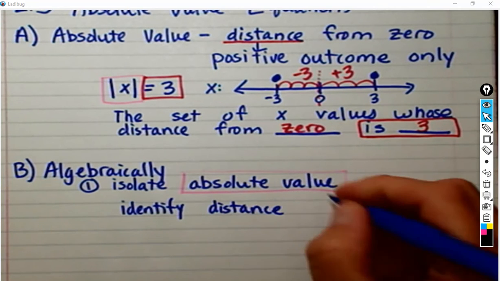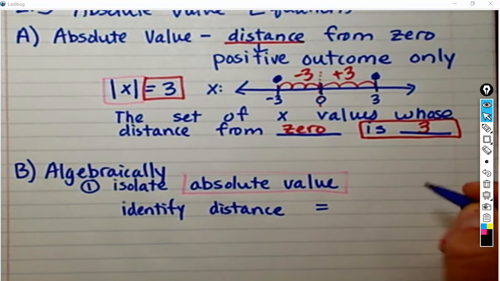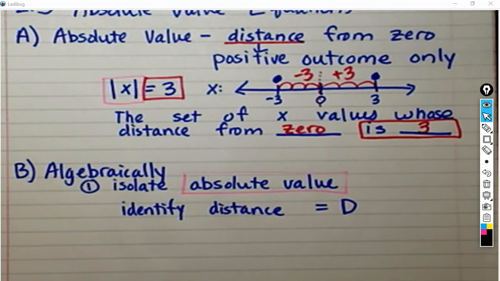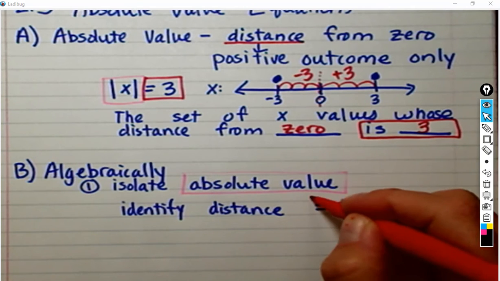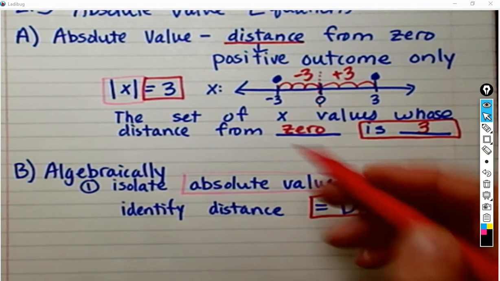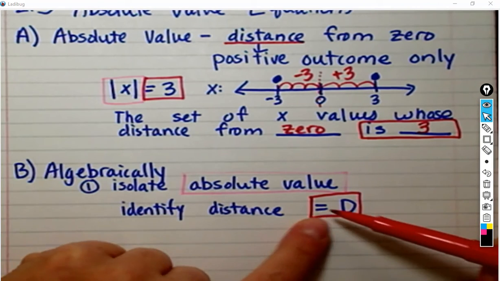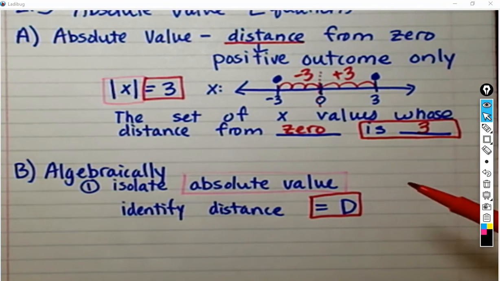Okay, the distance, this is not a smiley face, it's a D. I am identifying the distance. Equals 3 equals distance. It's the number. Whatever is on the other side of the equals is the distance.